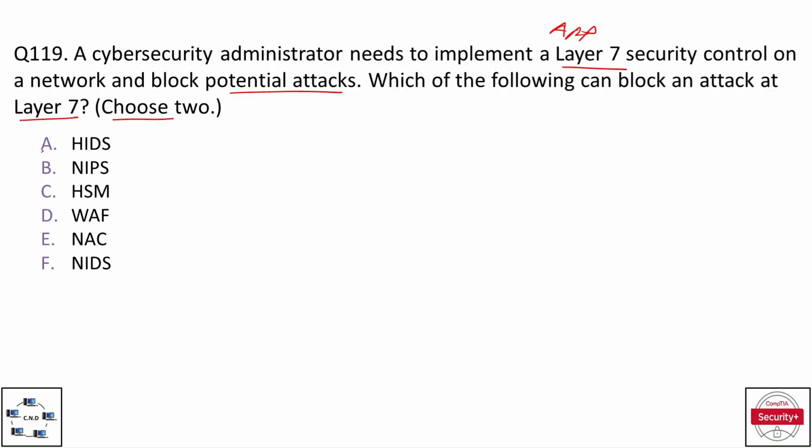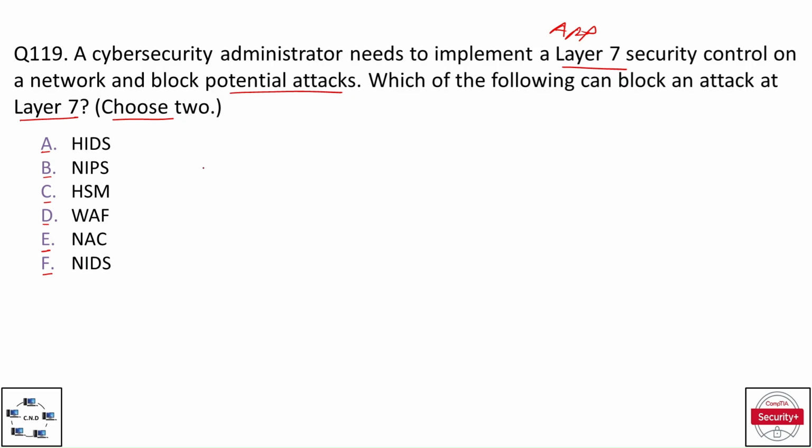And the options are option A, HIDS, that is Host Intrusion Detection System. Option B, NIPS, Network Intrusion Prevention System. Option C, HSM, Hardware Security Module. Option D, WAF or Web Application Firewall. Option E, NAC, Network Access Control. And option F, NIDS, Network Intrusion Detection System.